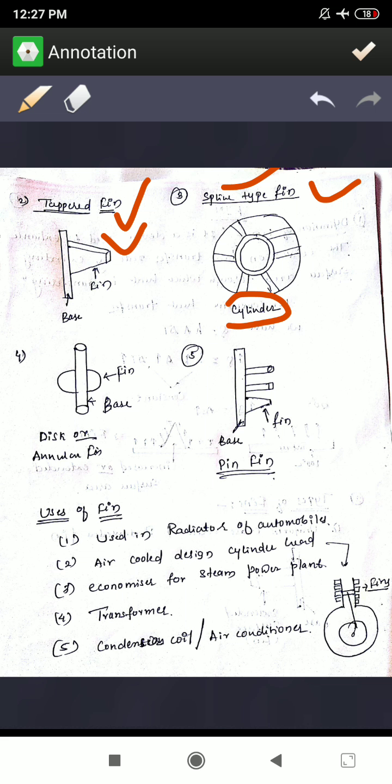Next, the fourth one is disc or annular type. Here there is one rod or circular pipe, and surrounding that pipe we have the extended surfaces. Its shape is in the form of a disc, so that's why it is called disc or annular type.